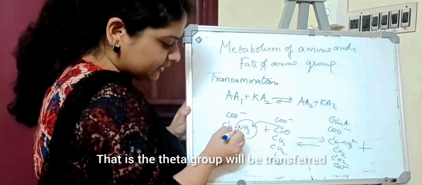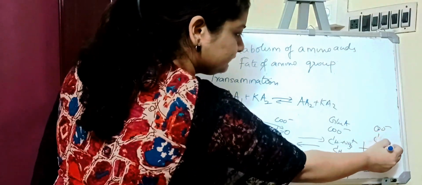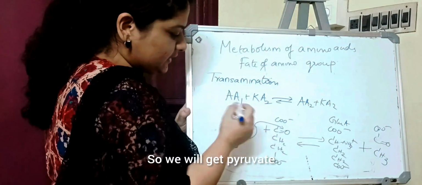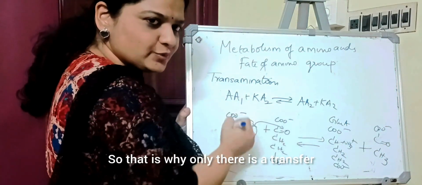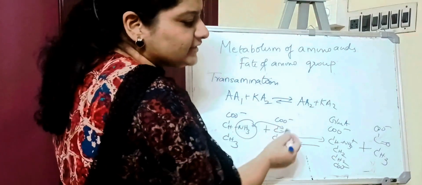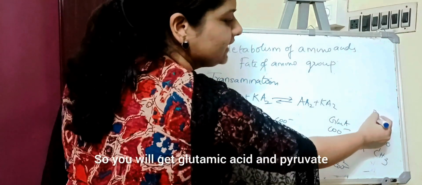That is, the keto group will be transferred to the first amino acid, so we will get pyruvate. That is why only a transfer takes place. This amino group is transferred to the keto acid, and another amino acid and another keto acid are formed. So you will get glutamic acid and pyruvate.